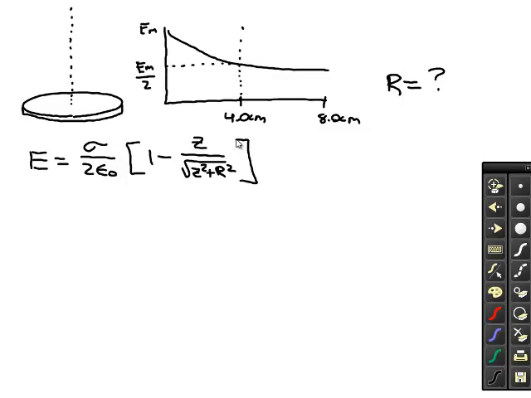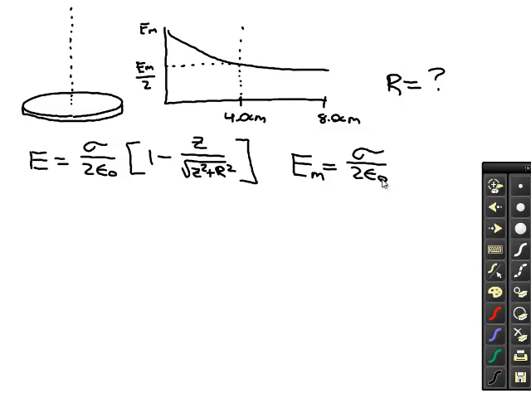So my thought here is that E maximum is going to equal sigma over 2 epsilon naught. And at 4 centimeters, we're at half of maximum.